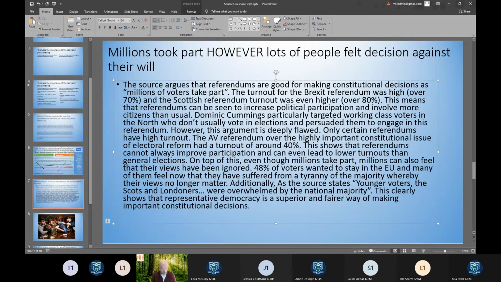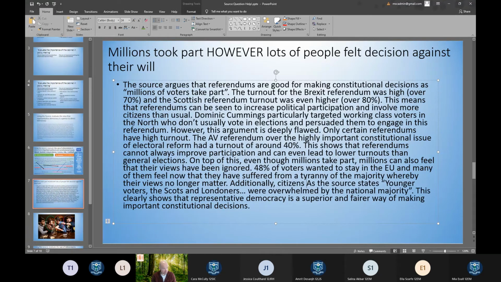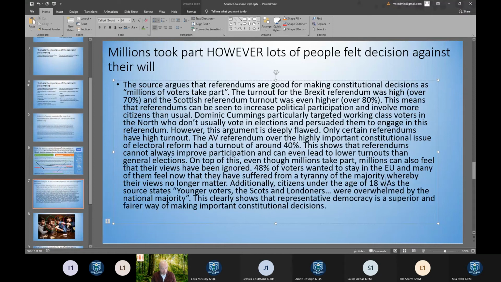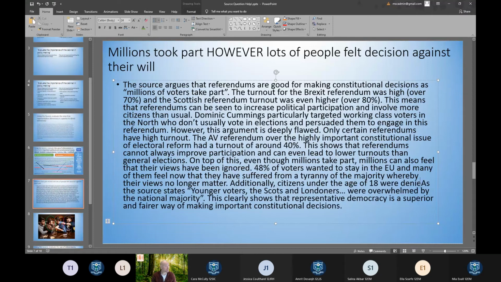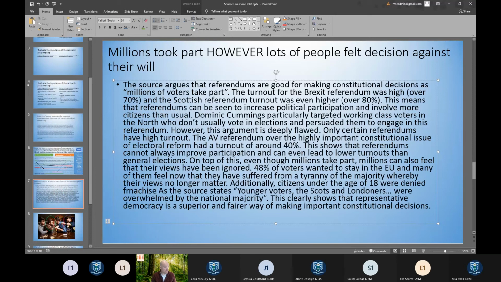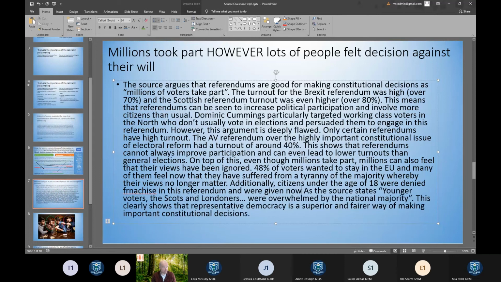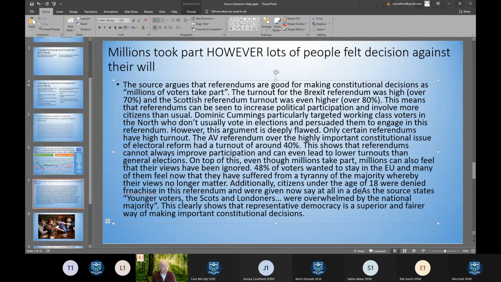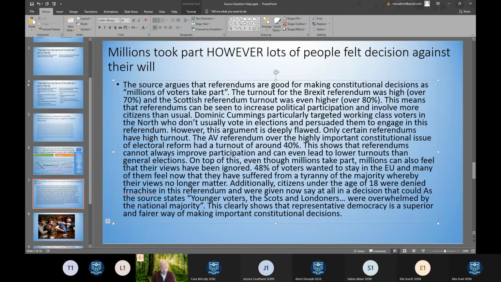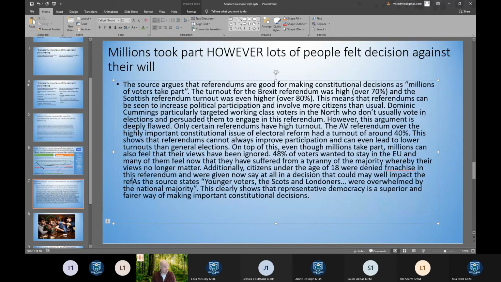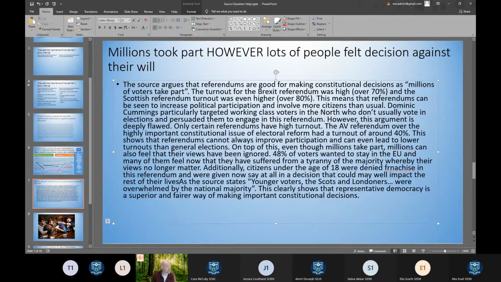Additionally, citizens under the age of 18 were denied franchise in this referendum and were given no say at all in a decision that may well impact the rest of their lives. There you go. That's very dramatic, isn't it?